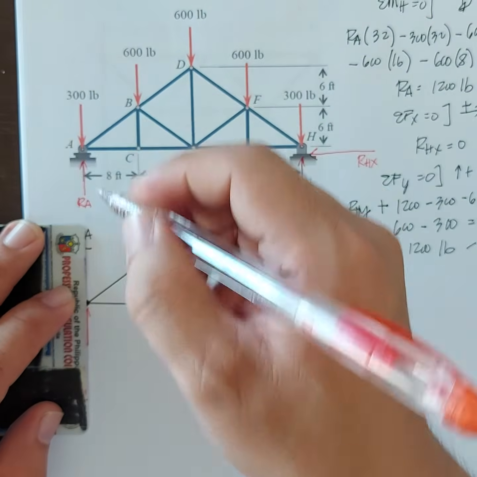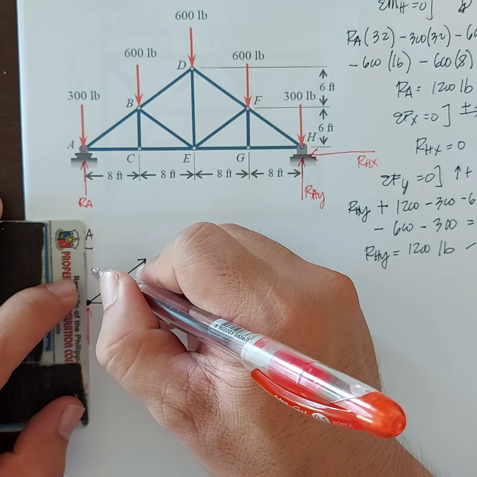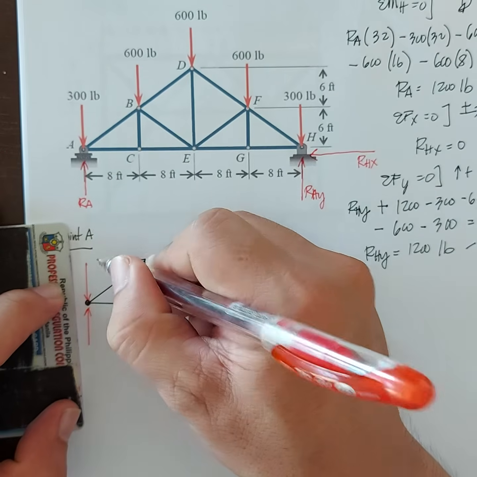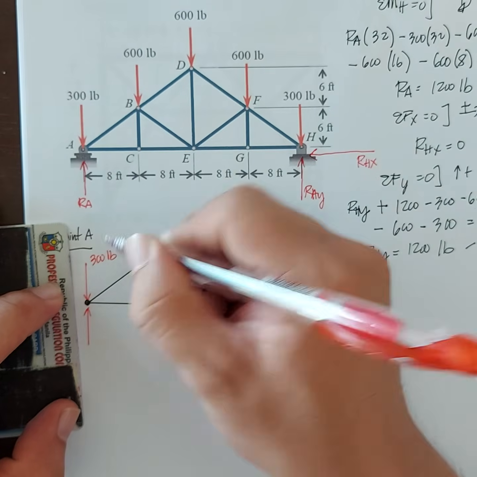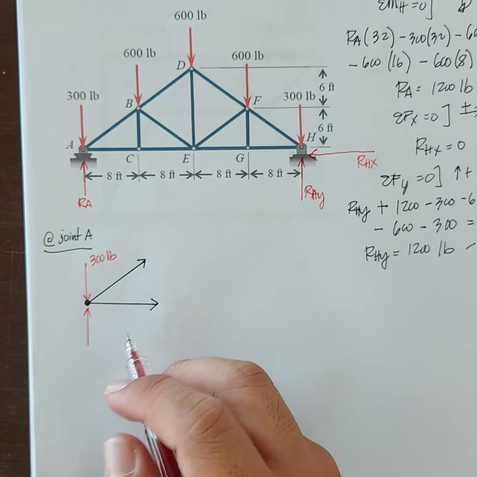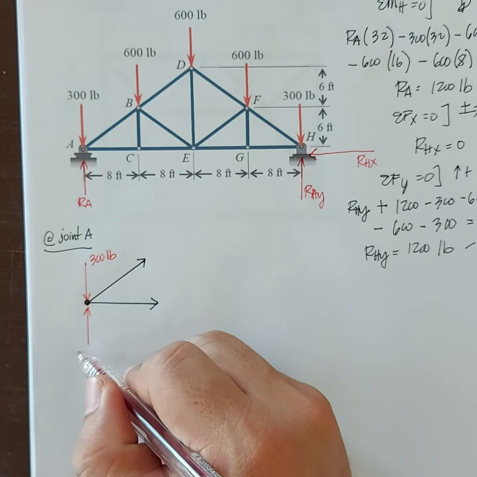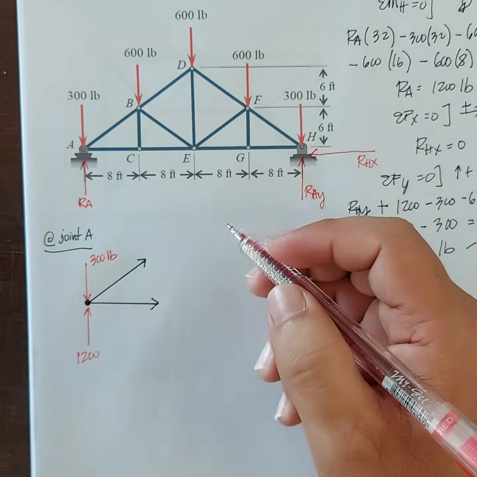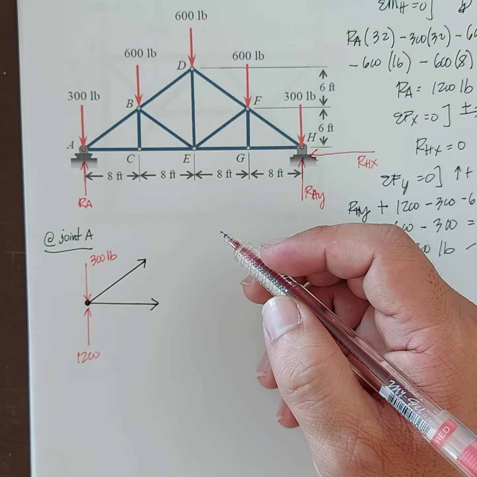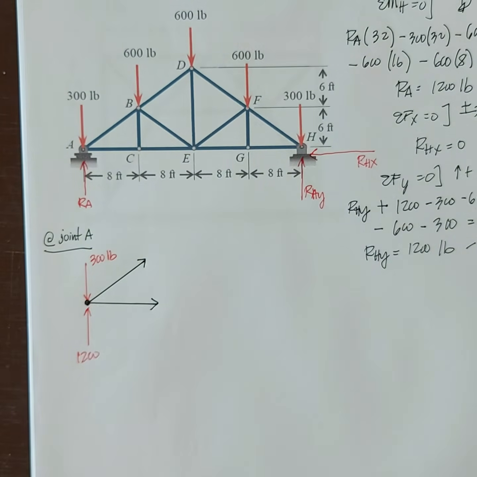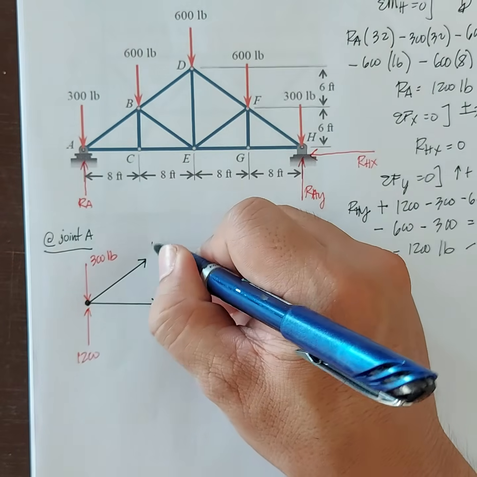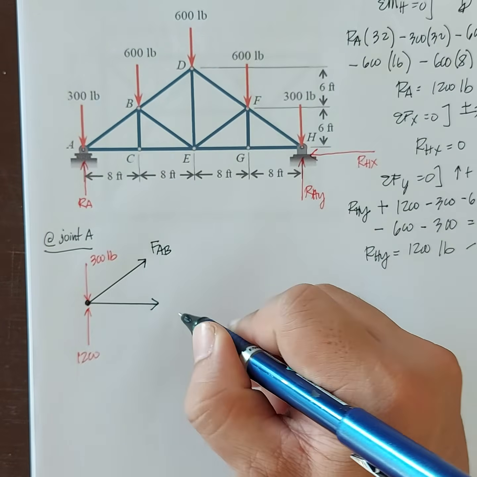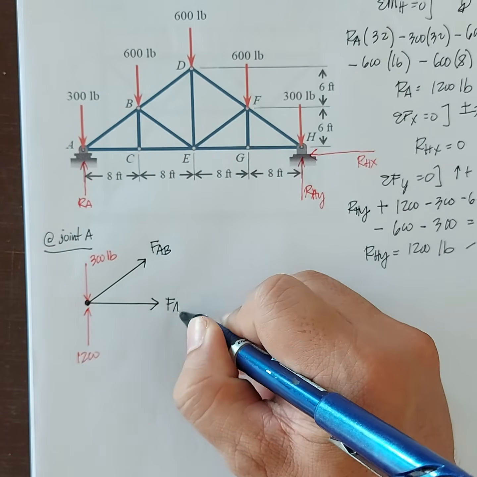And we have a joint load there of 300 pounds. The reaction at A is 1,200. So this is FAB, and this is FAC.